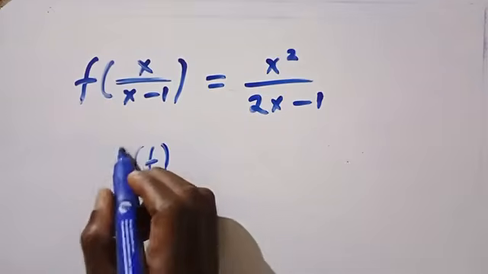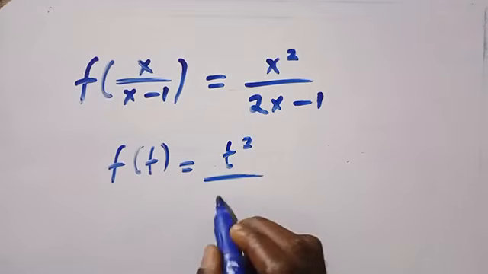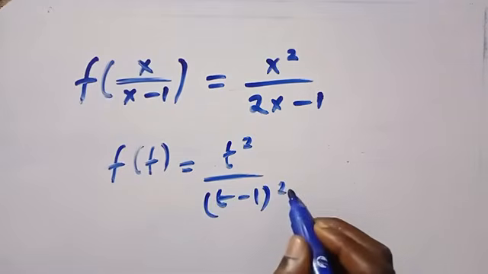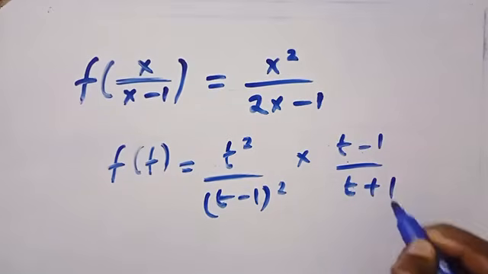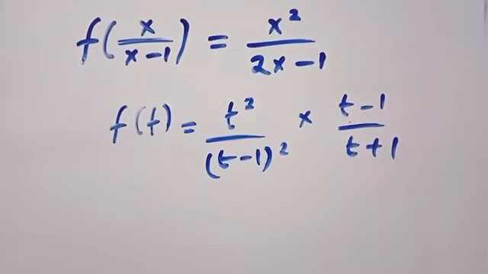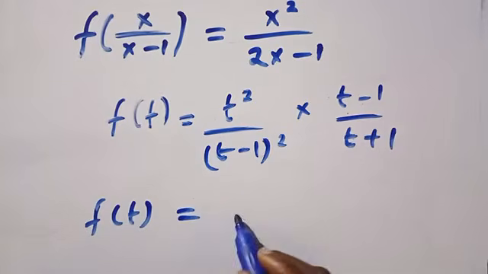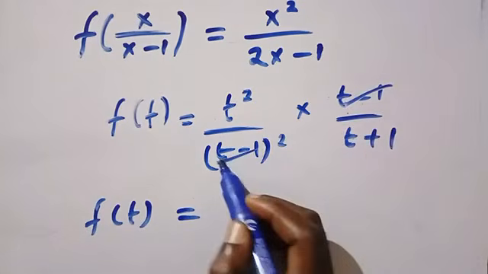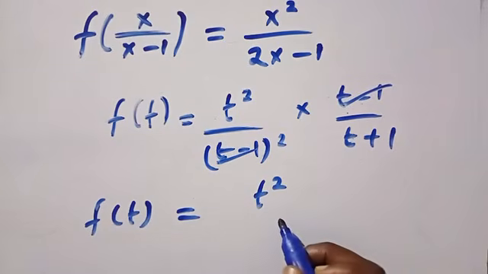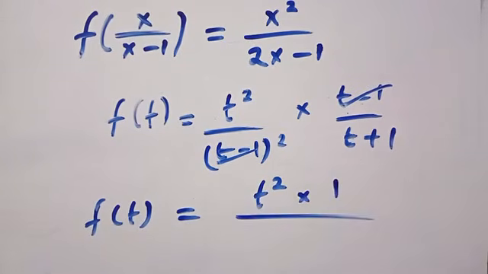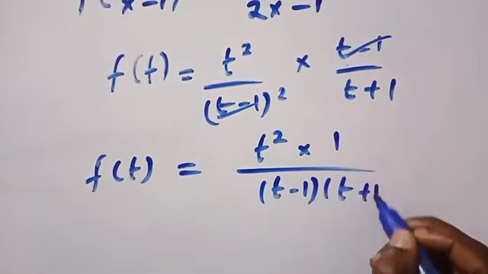We have f of t equals t squared over t minus 1 squared, then we multiply by t minus 1 over t plus 1. We take the reciprocal of this, that is flipping. We have f of t equals, t minus 1 cancels one of the t minus 1, and we have t squared multiplied by 1 over, this remains t minus 1 multiplied by t plus 1.